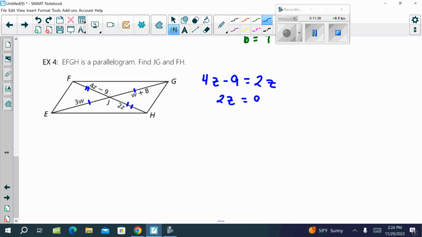What are you guys getting for Z? 4.5. Can we leave it as 9/2?